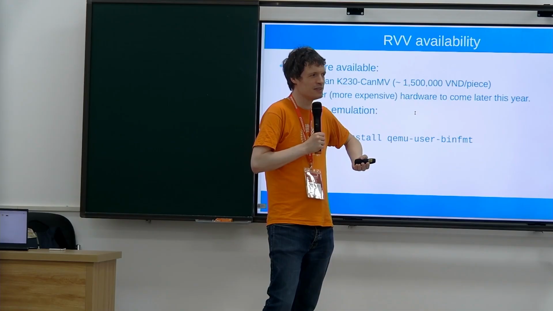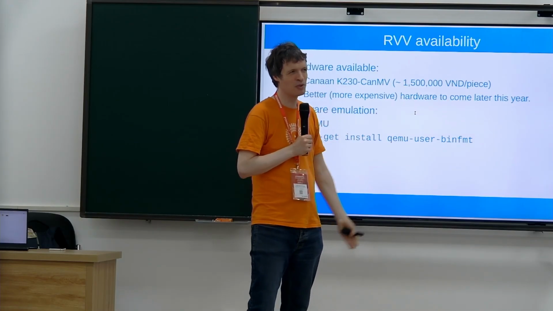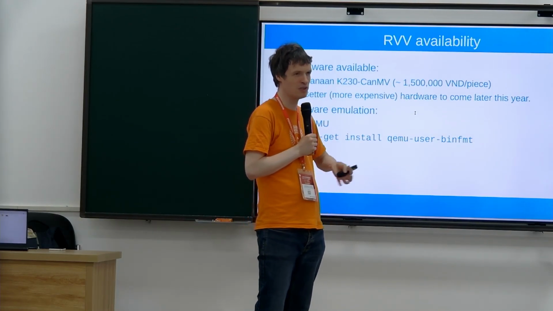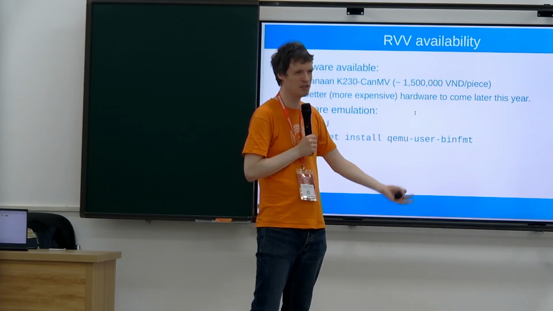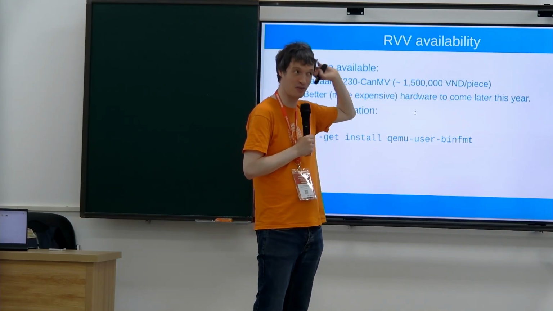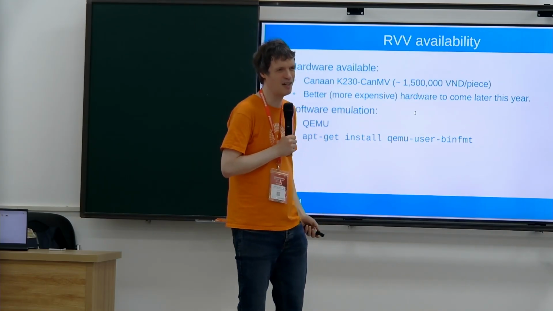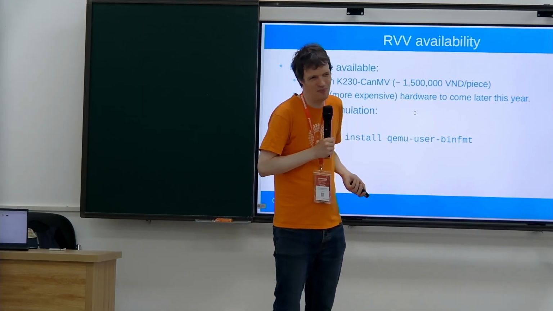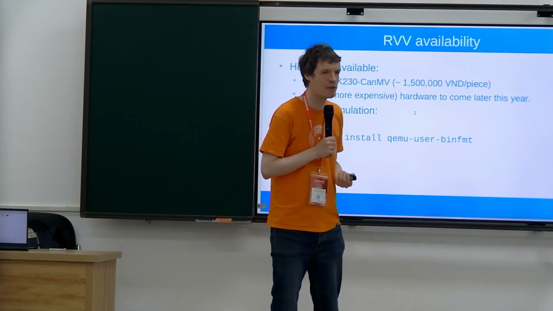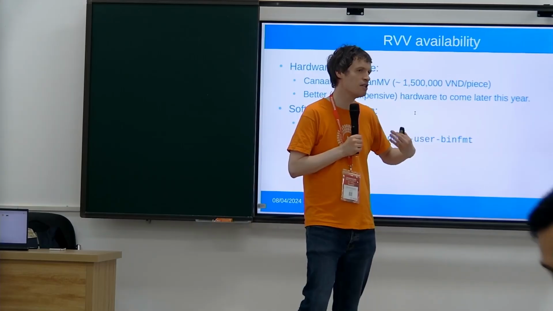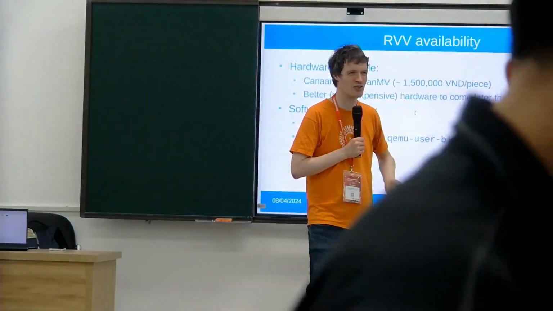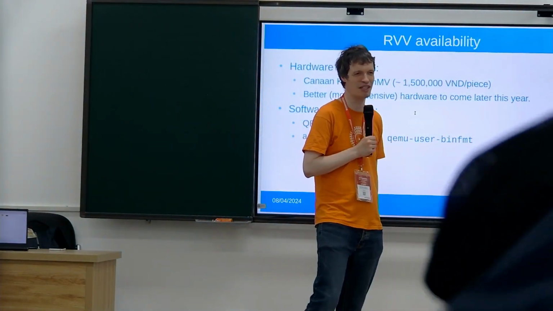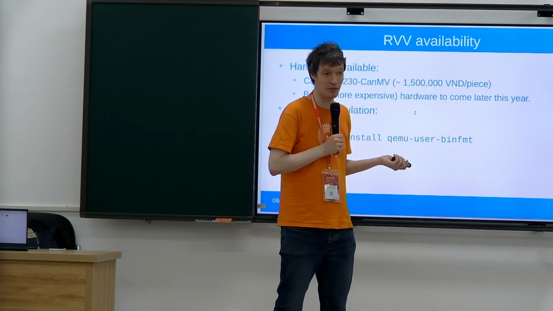But there are some boards already available with 4 cores or 8 cores, and somebody has even made a supercomputer with, I think, 1,000 cores. RISC-V is just an instruction set, so you can do designs of whatever you want. I don't think there's a fundamental difference in terms of how many cores you can make; it doesn't really matter which instruction set you have. You can make them really large, you can make them really small.